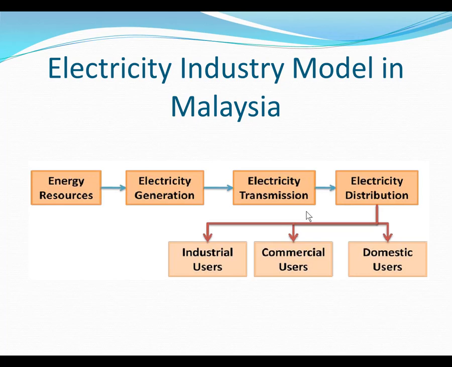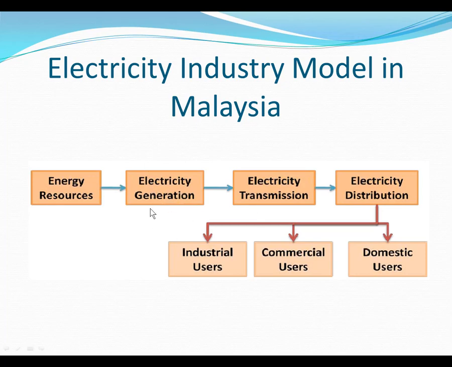industry model in Malaysia. From the energy resources, we have many types of resources such as hydro, coal, and gas. From these resources, we have the generation station. Depending on the type of resources, it is either a hydro station, coal-based station, or gas station.